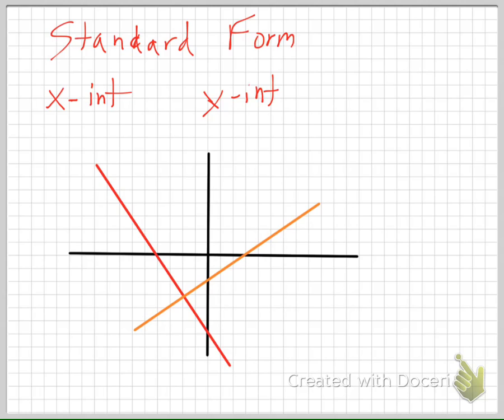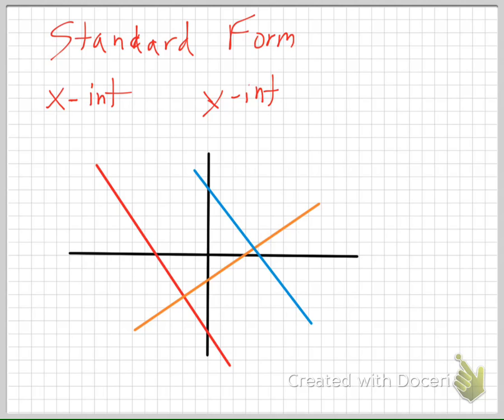And then I'll do one more line right there. All right, so here we have a few different lines, right?